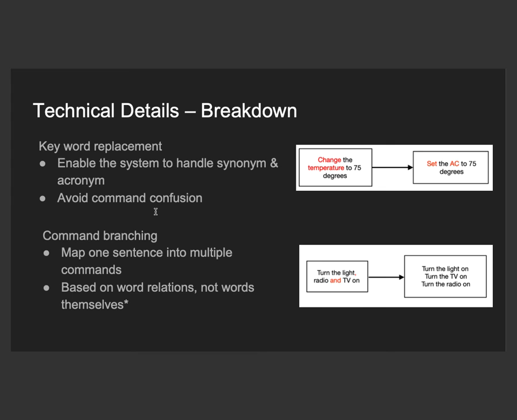Then we just map the input sentence to the output sentence without changing any structure, so the system can handle some synonyms and acronyms and can avoid some command confusion that could occur across different appliances. And the last one is command branching, which, as I already mentioned, turns one single sentence into different output command tuples.